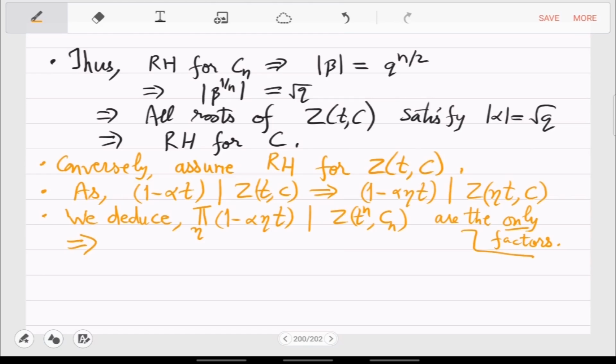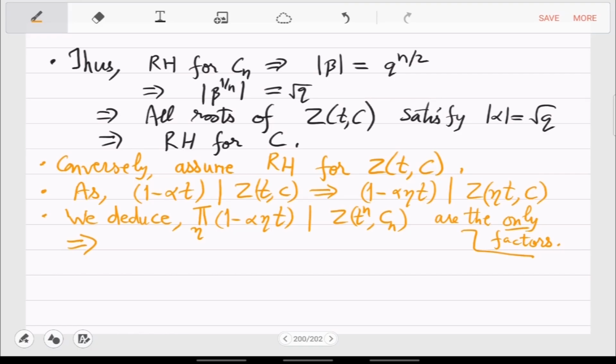Because we had actually a product of Z(eta t, C). Yeah, so this product actually divides Z(t^n, C_n), which is, I guess, 1 minus alpha raised to power n, t raised to n.